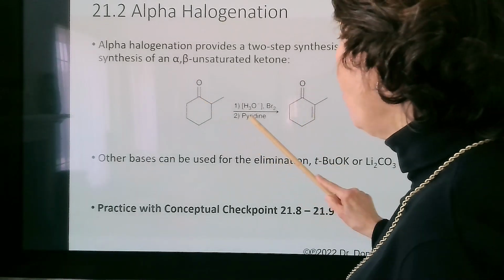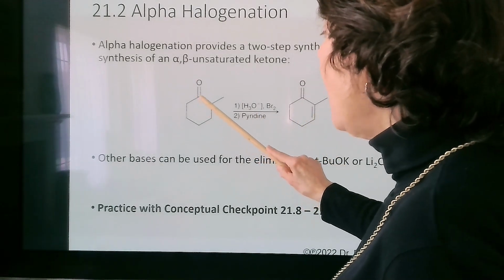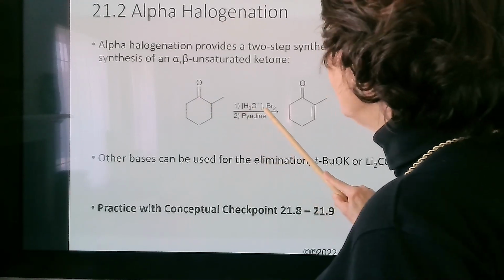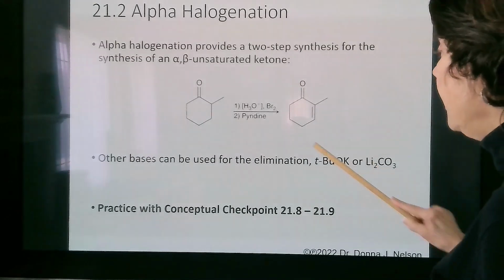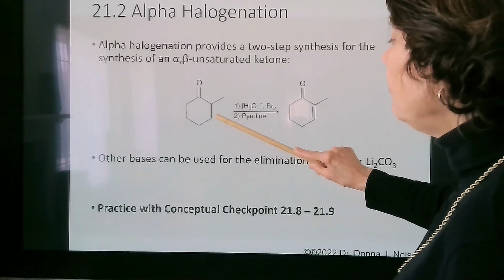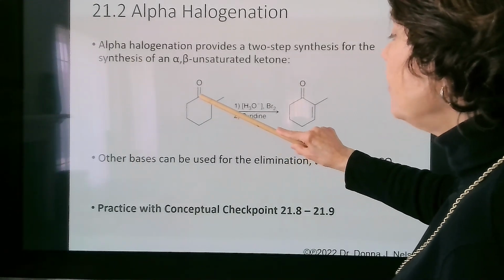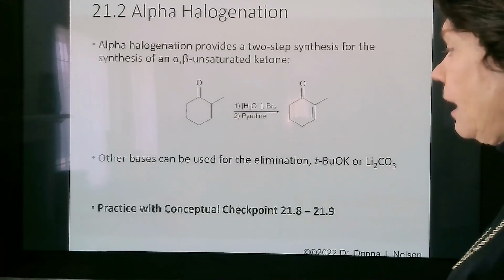You do not want to have attack at the carbon of the carbonyl. So use a large base here to simply remove this proton and not attack as a nucleophile at the carbonyl carbon.